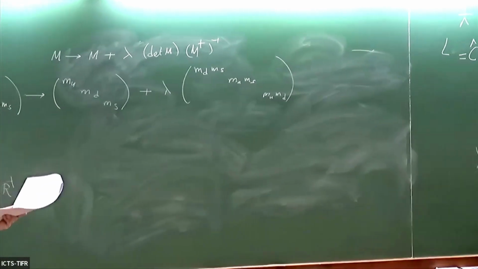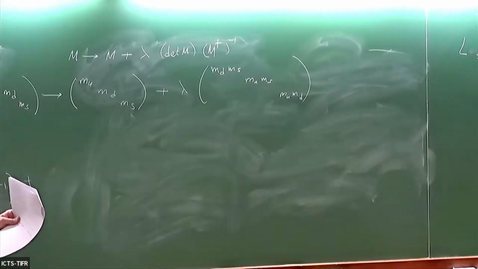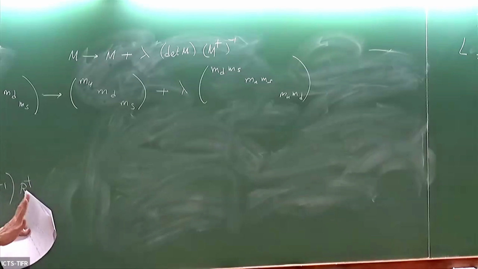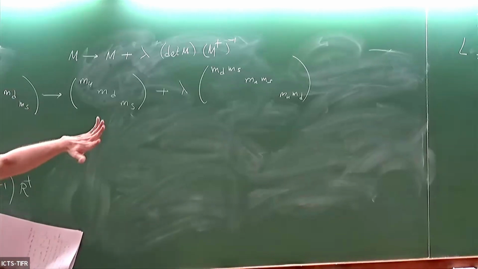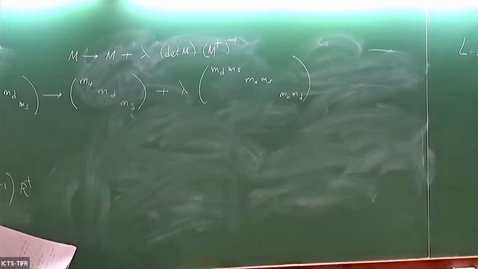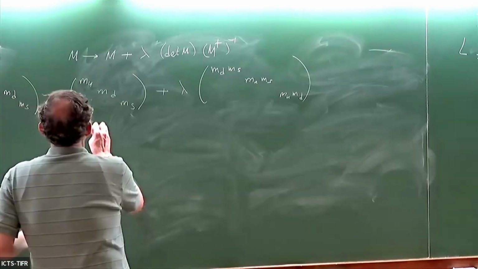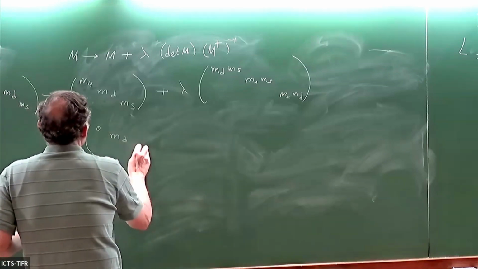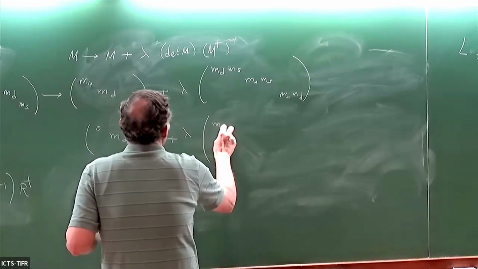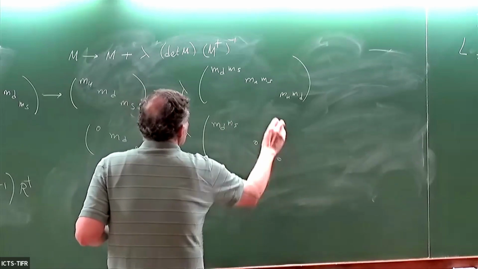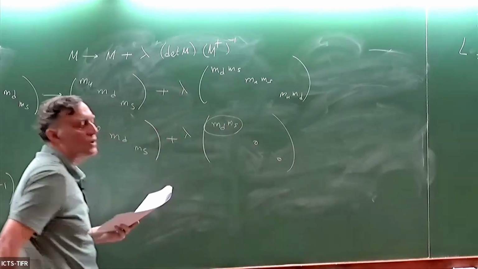And the reason we were interested in this is suppose the up quark were massless, then you solve the strong CP problem because there's a quark, you can make a chiral rotation to remove theta. And you might think that that's in conflict with chiral perturbation theory and all the extractions of the meson masses. But if you set mu to 0, this becomes 0, md ms, and then you get lambda here, md ms, 0, 0, and you have an effective up quark mass.